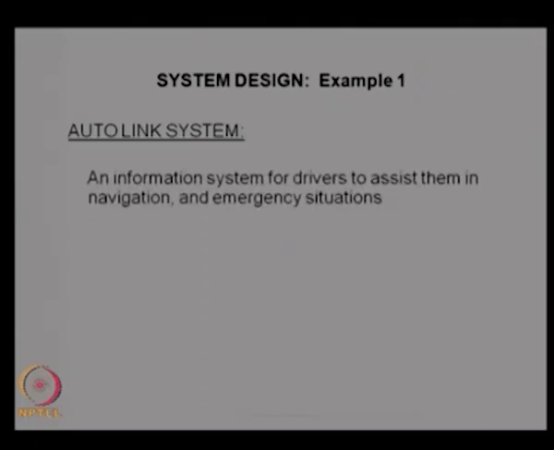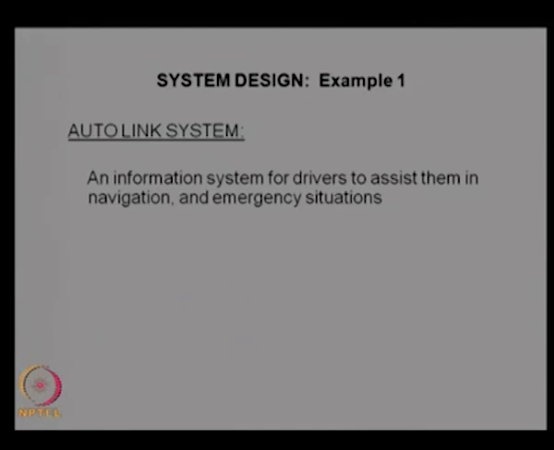The Autolink system is an information system for drivers to assist them in navigation and emergency situations. So, we are trying to design a system which can be used by the drivers or passengers in a car or any other vehicle in an emergency situation, or to get some other information about the navigation aspect.